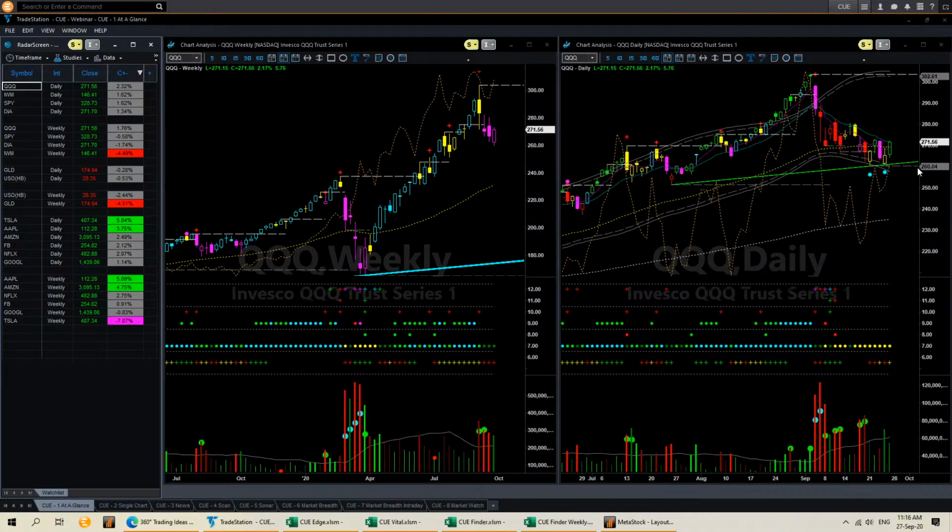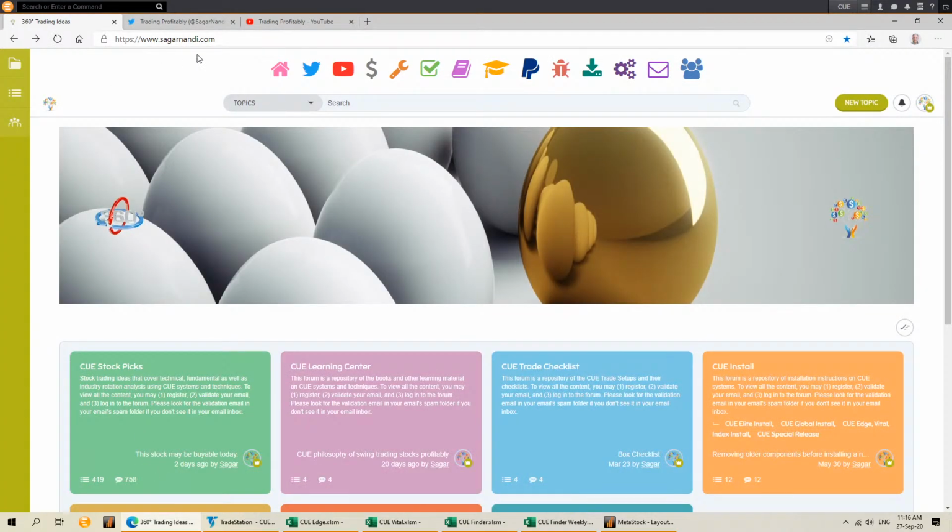This reversal from memory support kind of trade was not only available in QQQ, it was available in several other stocks. Remember, in the last YouTube live session, I explained that if you are following me on the traders forum, sagarnandi.com, you would know that my last few shared ideas were not on the bearish side, though the market was weak.